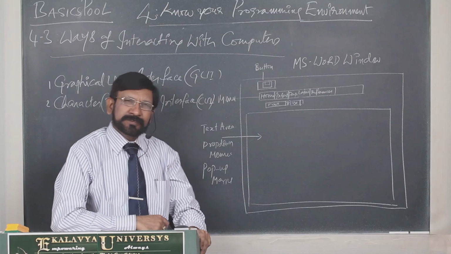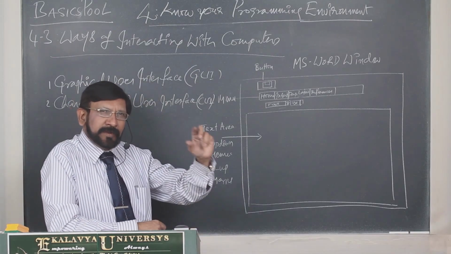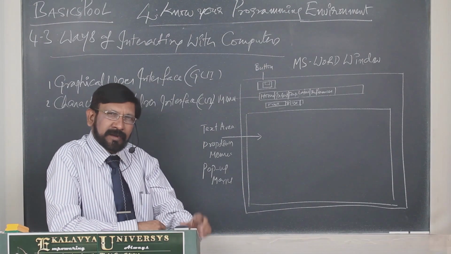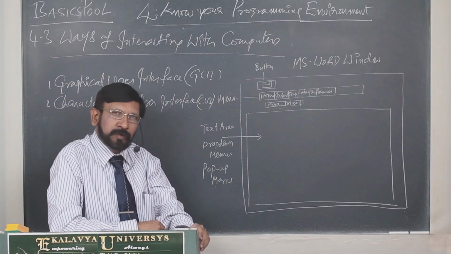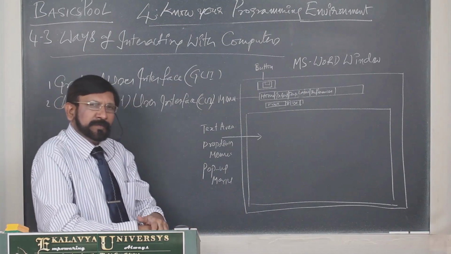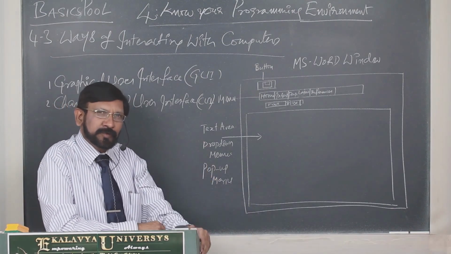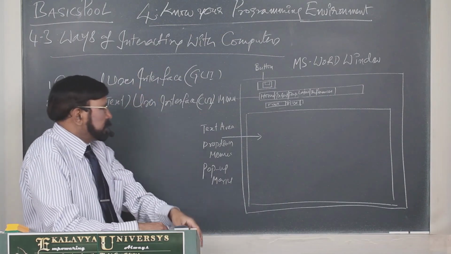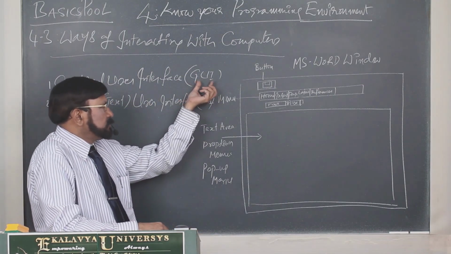In graphical user interfaces, for every option it provides an icon or a visual element. By using that visual element, we can interact with the computer. That is a graphical user interface, simply called GUI.